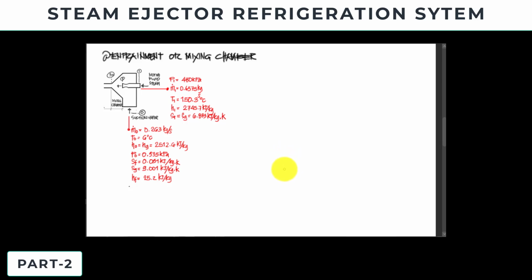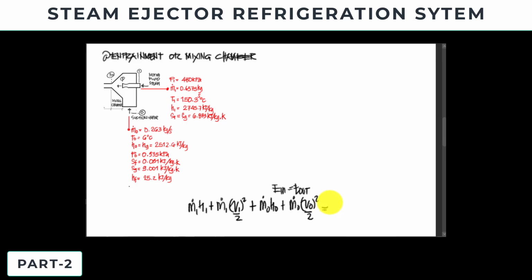So we have energy in, energy out. Initially we have the mass flow rate 1, enthalpy 1, plus the mass flow rate 1, velocity 1 squared divided by 2, plus the mass flow rate O, enthalpy O, which is also entering, then plus the mass flow rate O, velocity O squared divided by 2.